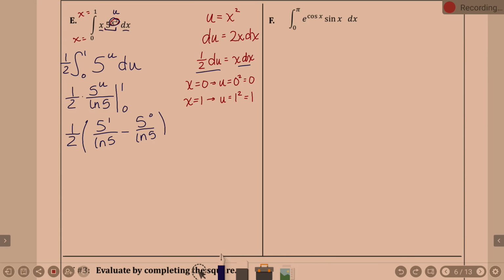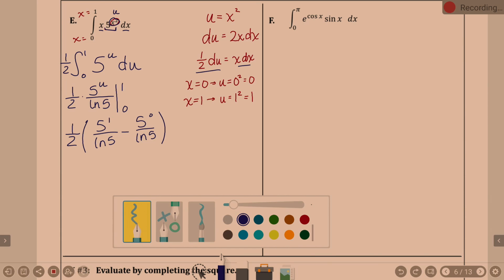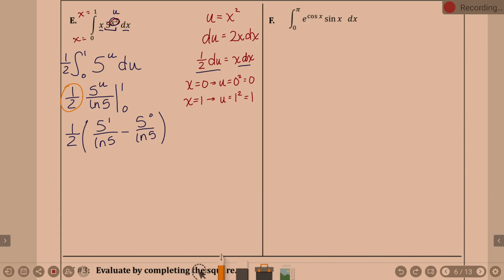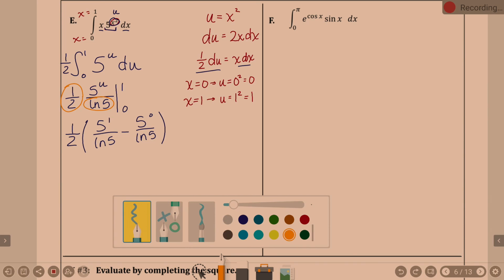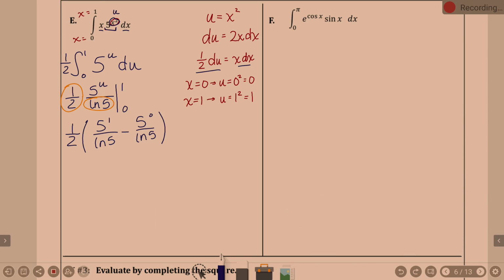However, what you could have done is say this is a constant. What calculus people would probably do is say that this is 1 over 2 natural log of 5, and then you're just plugging into 5 to the u.